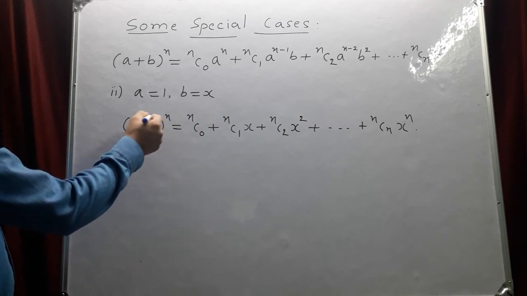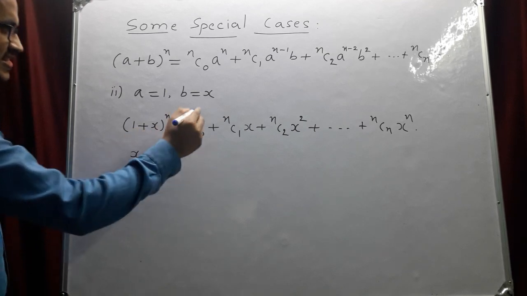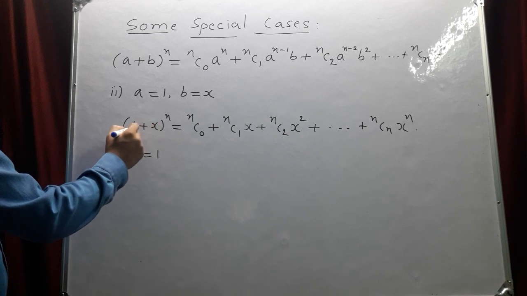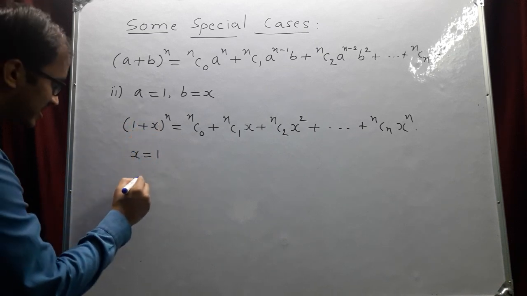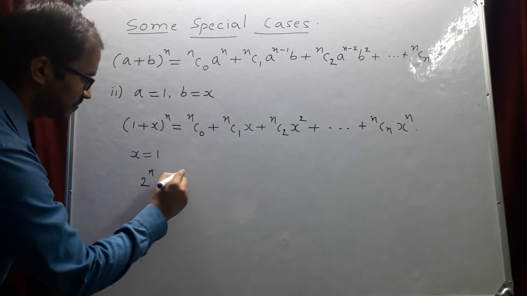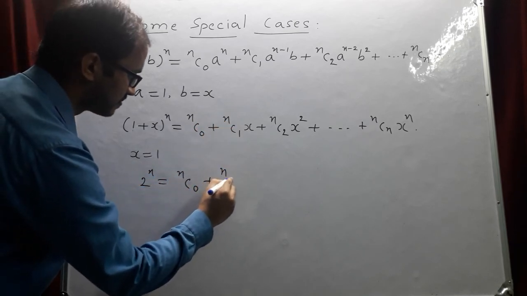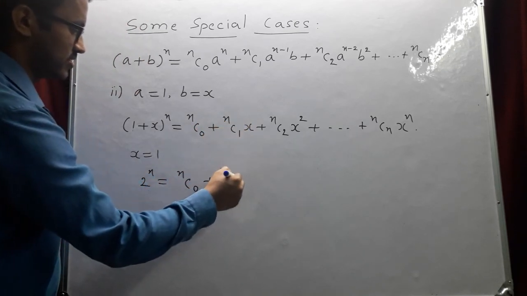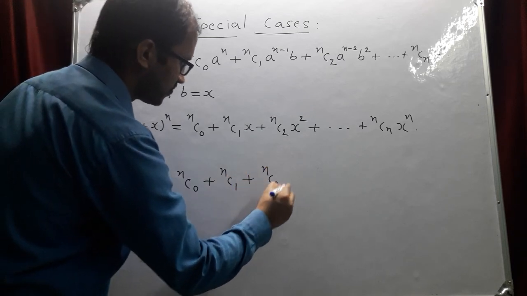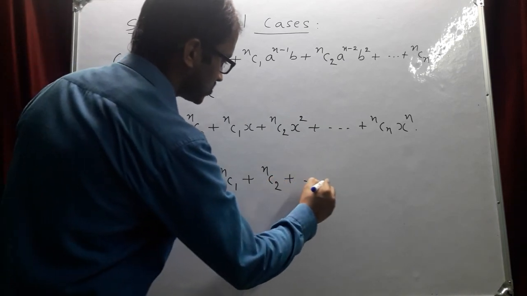Suppose I take x is equal to 1. In this expansion, if I take x is equal to 1, what will I get? The LHS becomes (1 plus 1), that is 2 power n, and the RHS will be nC0 plus nC1 times 1, which is 1, plus nC2 into 1 square, that is 1, plus so on.